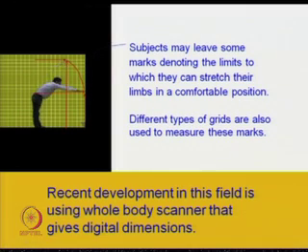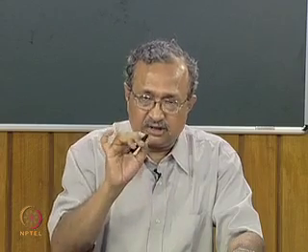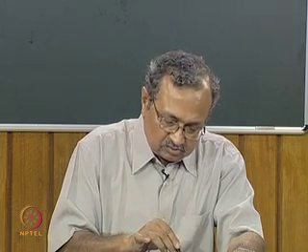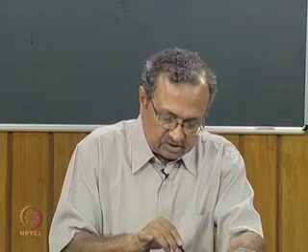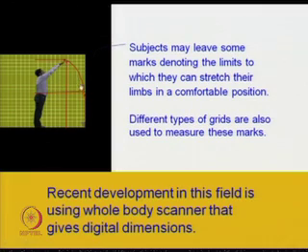Like, if he has a chalk or a marking device on his hand, while doing this activity he can put marks on this grid, so that the total arm movement pattern one can measure directly on this. Different types of grids are also used to measure these marks, with this height, length from the body axis, etc., one can measure.